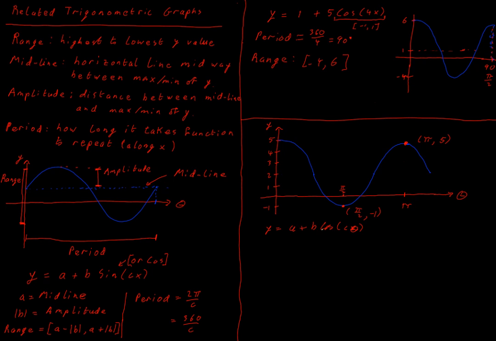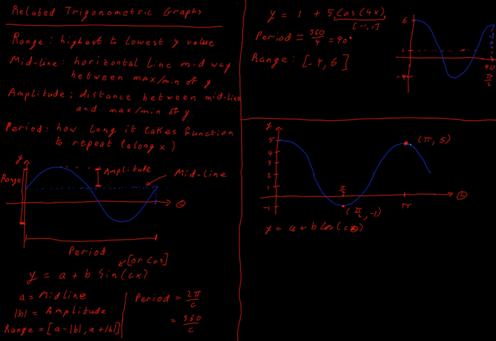Now, what else do I need to know? Well, I want to know my period. Sure, we can start with the period. When I look at my full period, I know that this is the general shape. From here to here is where my function starts to repeat itself. So this is one full period. From 0 to pi is one full period.